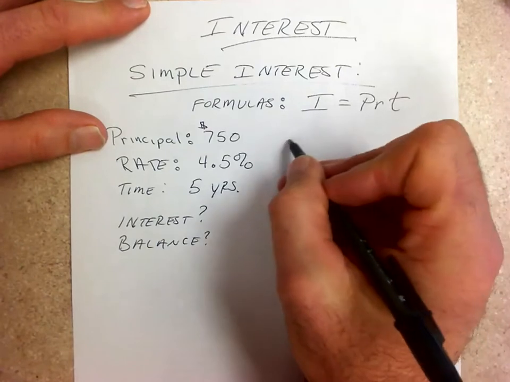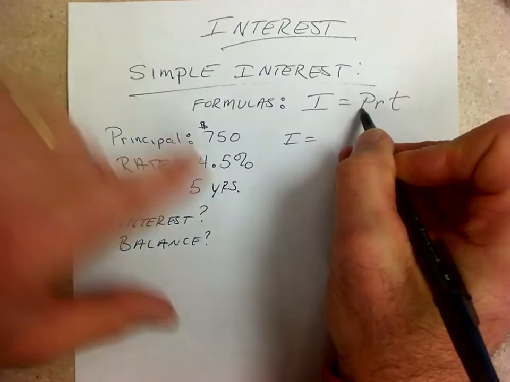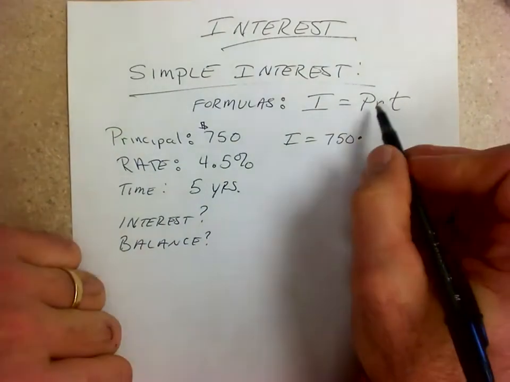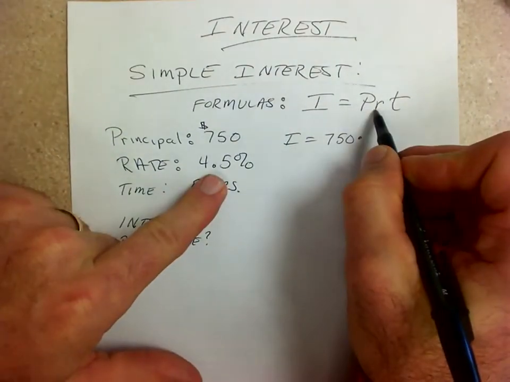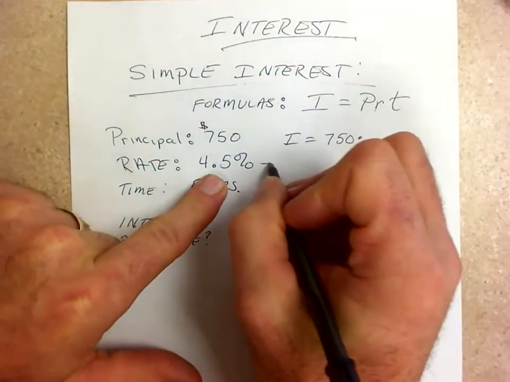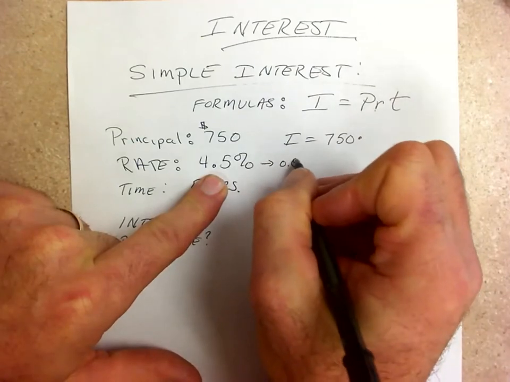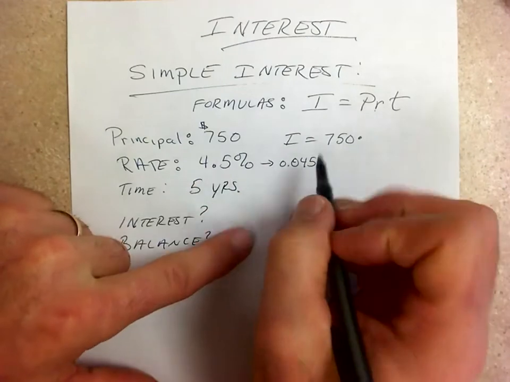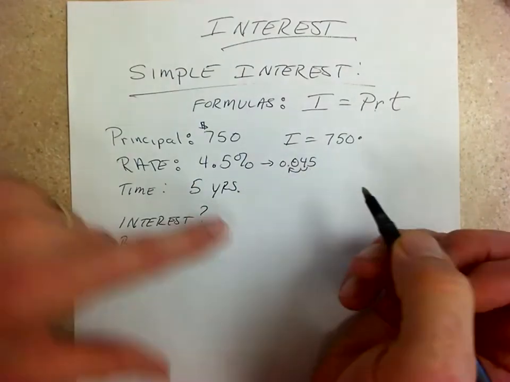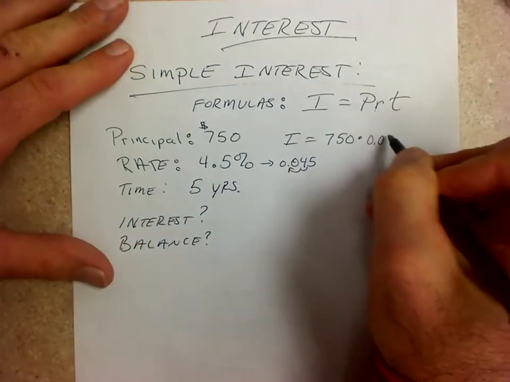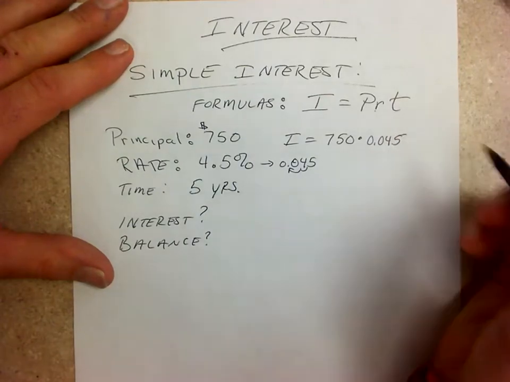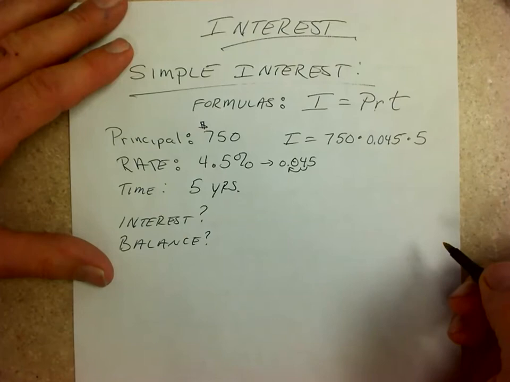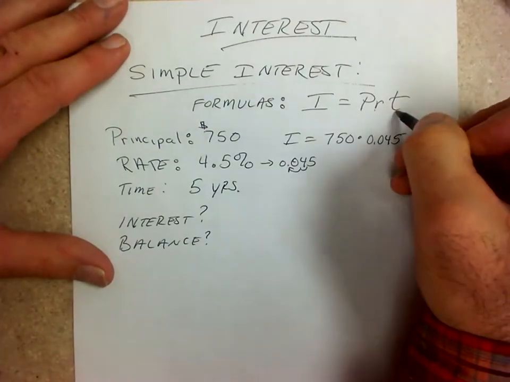So simple substitution here. Our principal, 750. Our interest rate, 4.5%. Remember, we want to use our decimal form here, so we want to move our decimal over 2 places. So our interest rate is 0.045, and our time is 5 years. Remember, time is based on years.